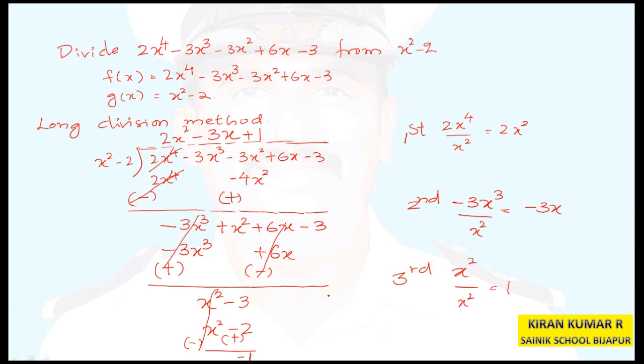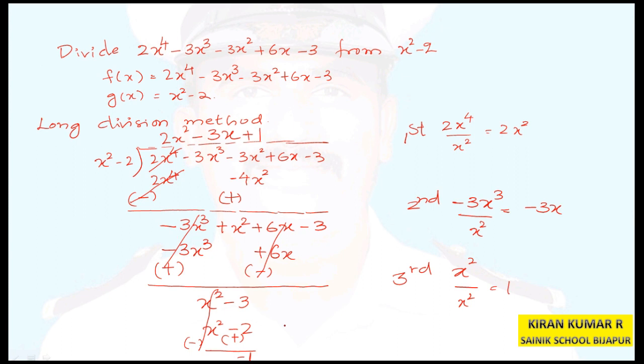So what did we get? We got the remainder as minus 1. I have to stop my division at this step because the degree of the remainder here is 0. The degree of the divisor is 2.